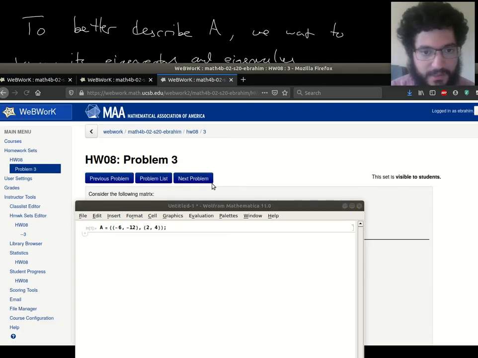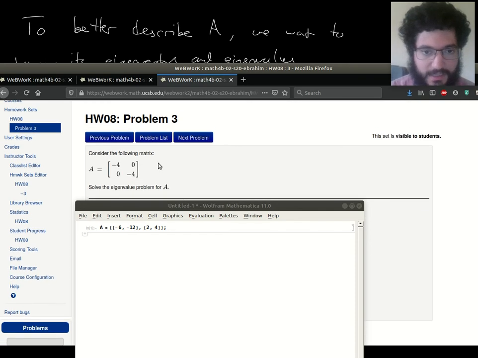Let's look at another one. Here's one with repeated eigenvalues, and it's already in diagonal form, which makes it even easier. Just from staring at this, you immediately know 1, 0 and 0, 1 are eigenvectors.